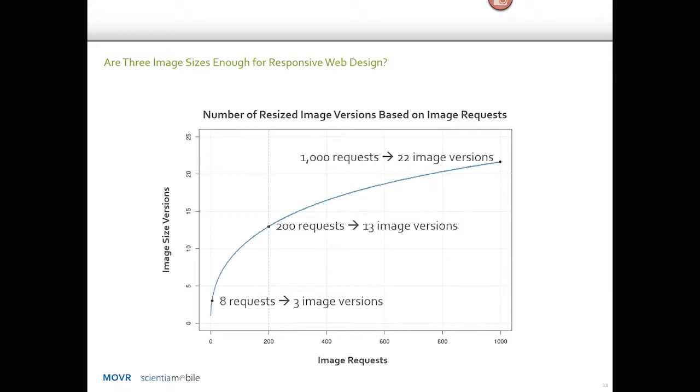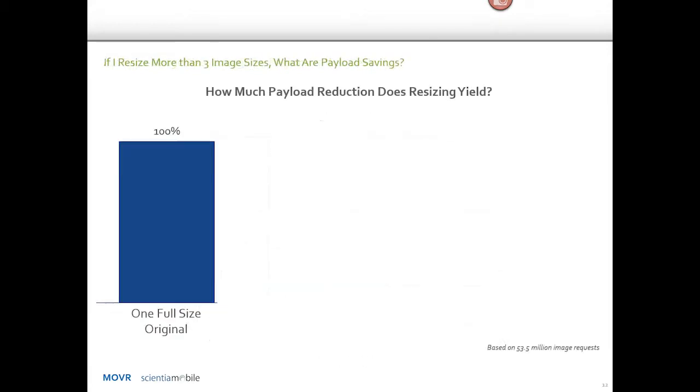Now, what we're doing with the 13 is we're breaking each one of those form factor categories into finer and finer elements based upon the screen width or the screen height. And then finally, it starts to asymptote there at the top, but by 1,000, we get about 22 different image versions with different dimensions.